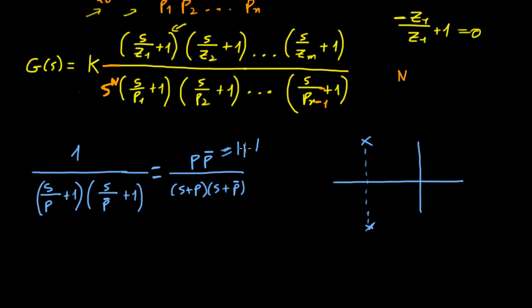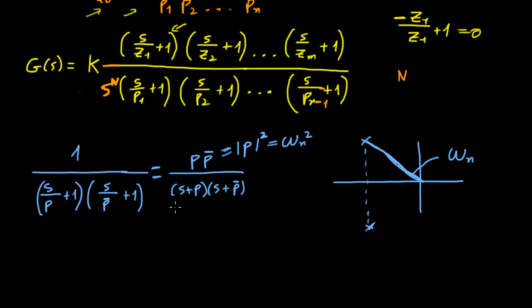So this is the module of p, and in the diagram, this is this distance here, which we denote by omega n. So sorry, p times p bar is the module of the number squared, and that's why this is equal to omega n squared.